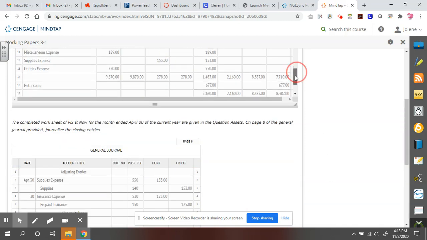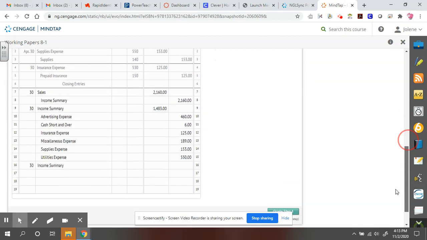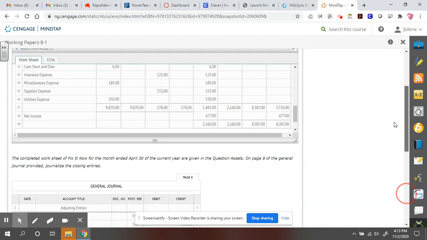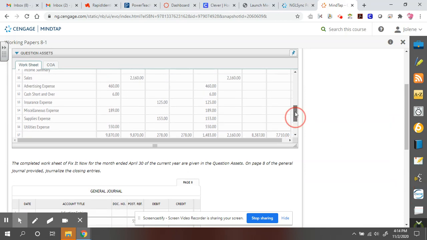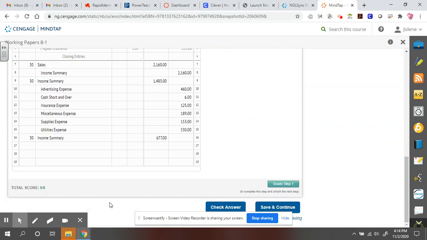Going up to our worksheet, we see net income of 677. That's what we are closing out, 677. Then we're going to use the capital account, because anything that the business makes goes into capital. Connor Whitney Capital.